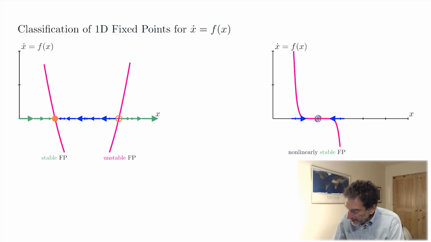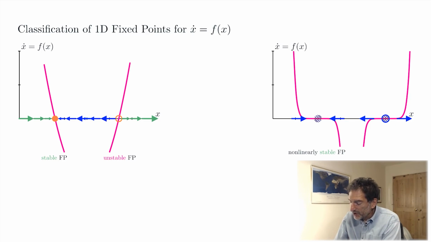And then we have the analog of the unstable fixed point where I have, say, a cubic singularity in the other direction. So we have something that looks like this. And in this case, we have an unstable fixed point with slow flow on either side. So slow divergence away from the fixed point. This is an example of a non-linearly unstable fixed point.